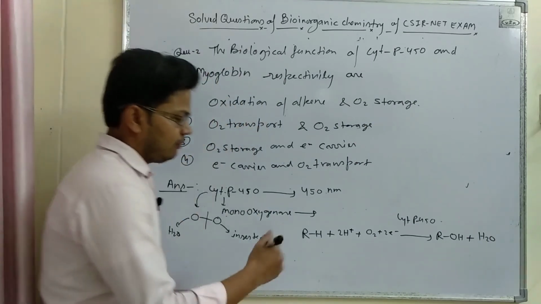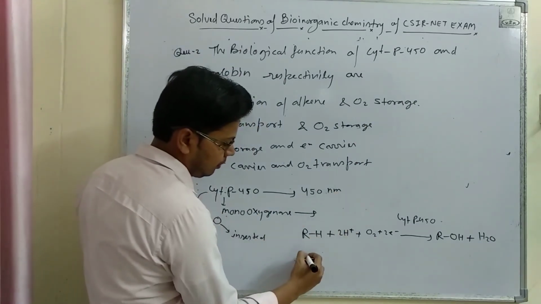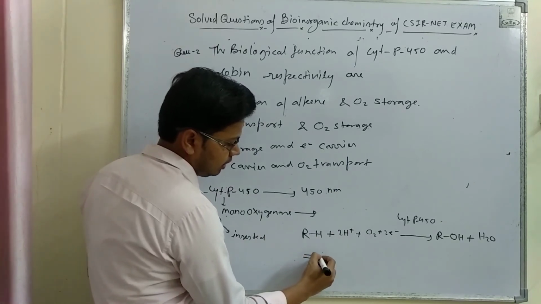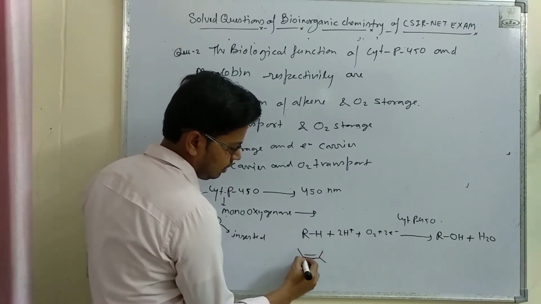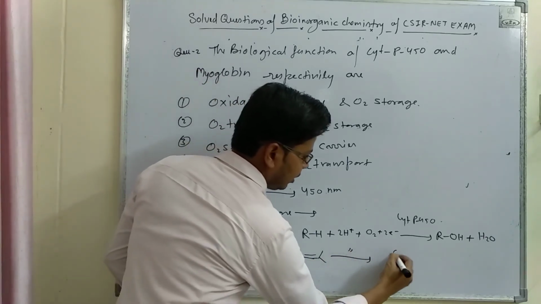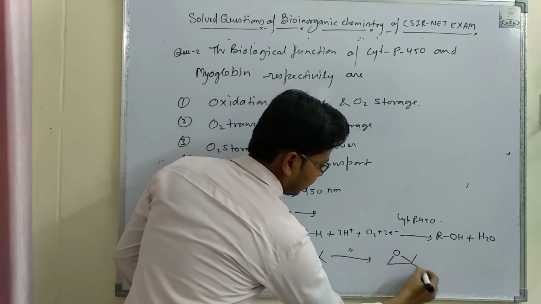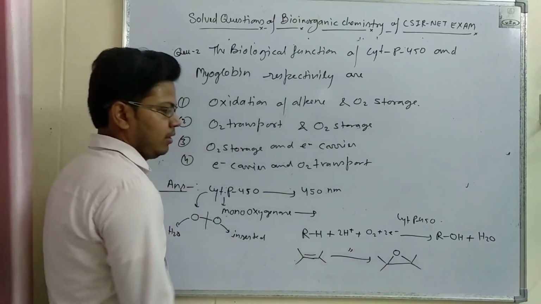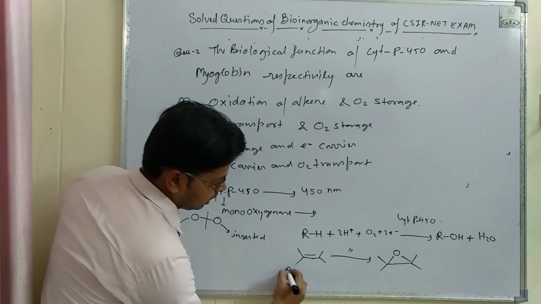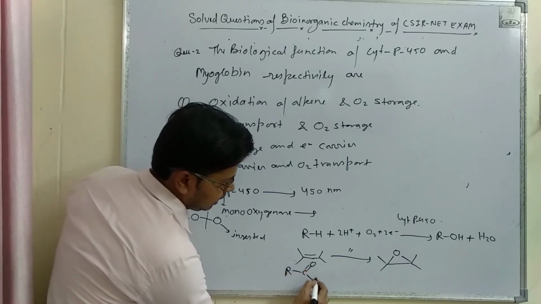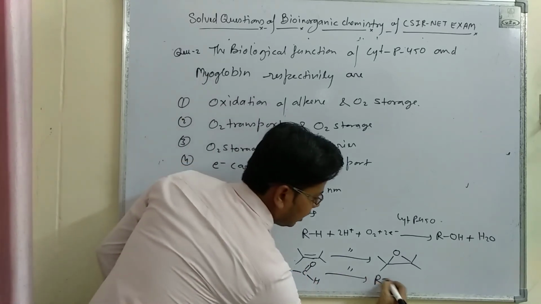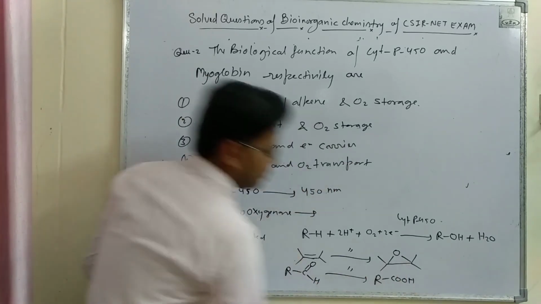Okay, the other function of the cytochrome P450 is to convert the alkene into the epoxide. The other function of the cytochrome P450 is to convert aldehyde into the carboxylic acid, RCOOH.